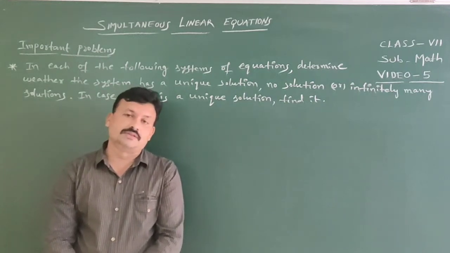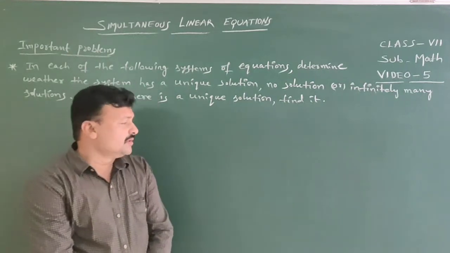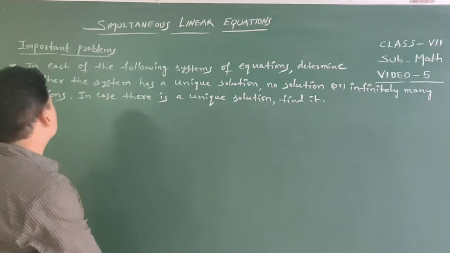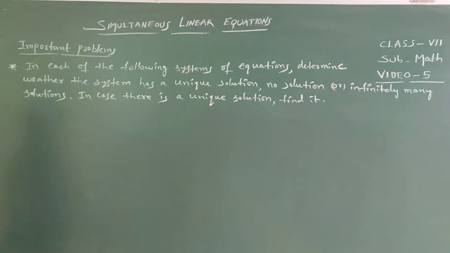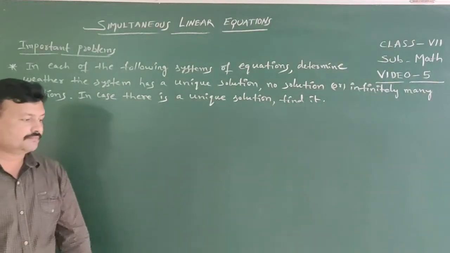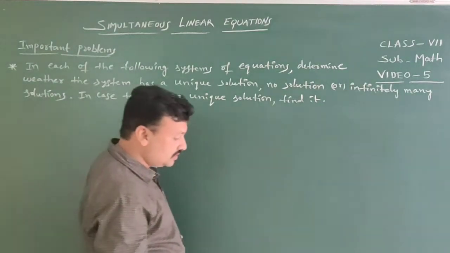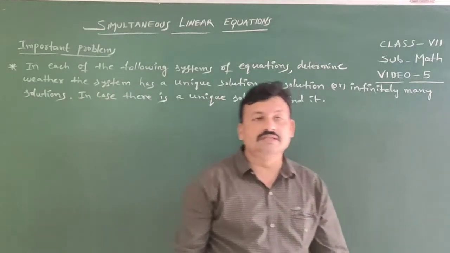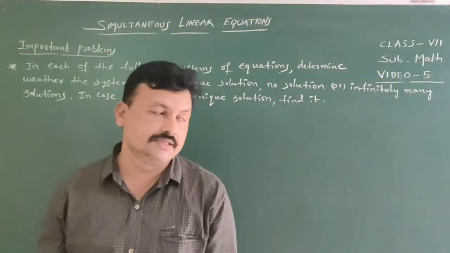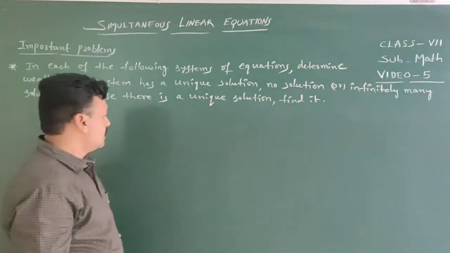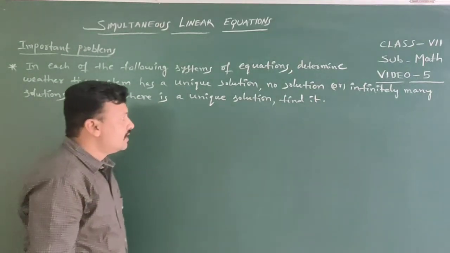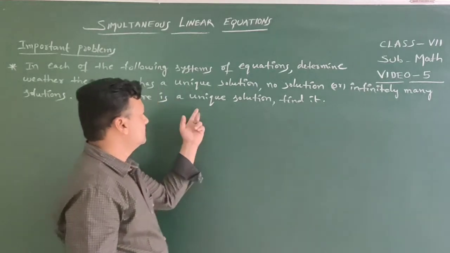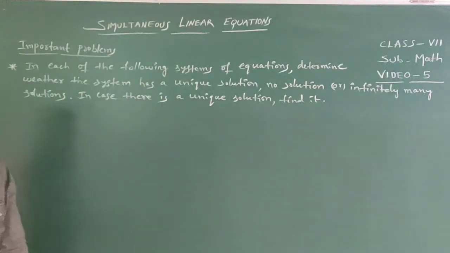Infinitely many solutions, meaning the system has a solution, meaning they are consistent equations. If the system has no solution, obviously they are inconsistent equations. Already in the first video I gave the conditions.